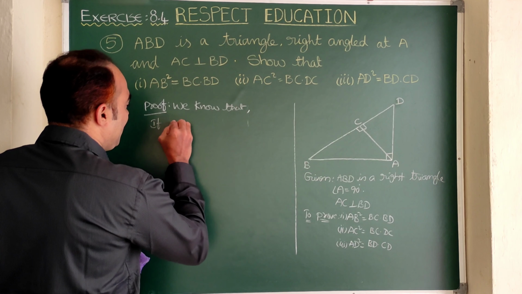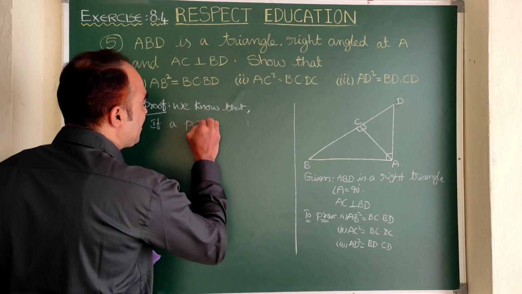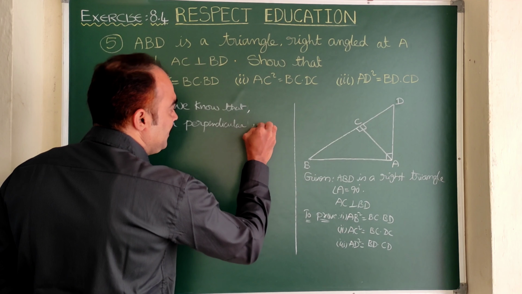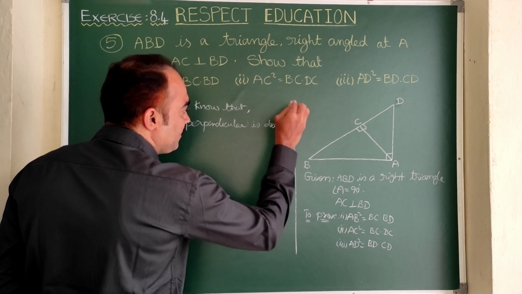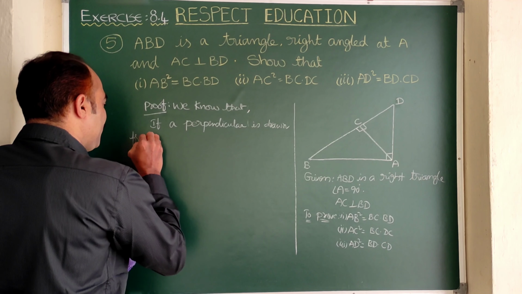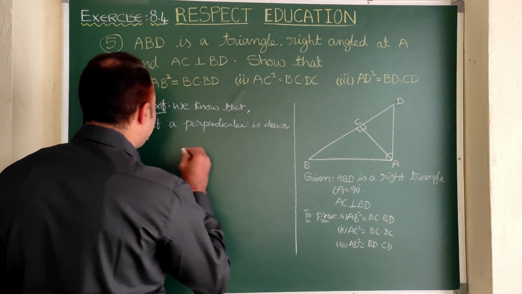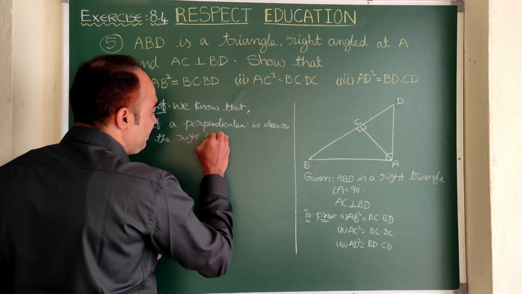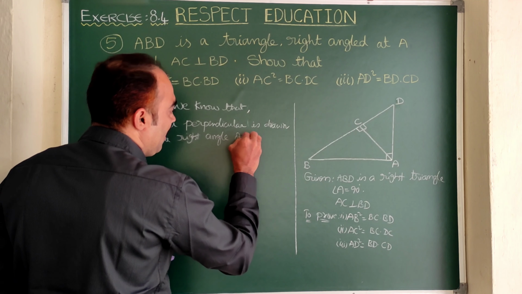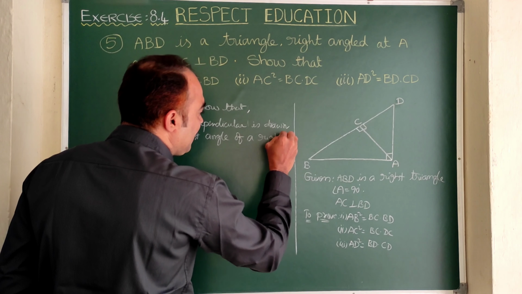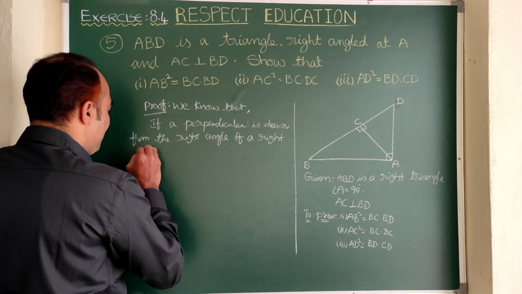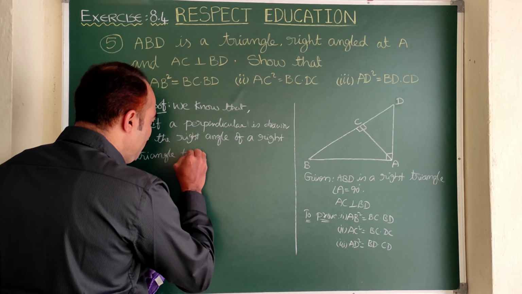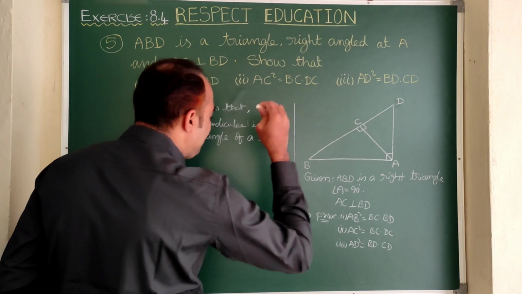If a perpendicular is drawn from the right angle of a right triangle to its hypotenuse.